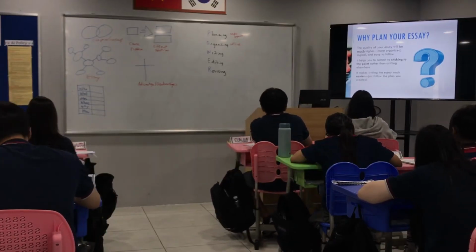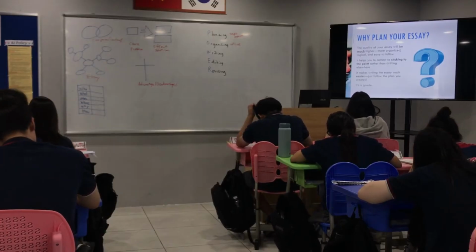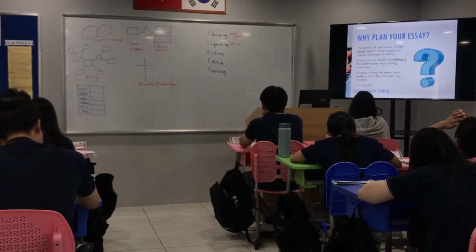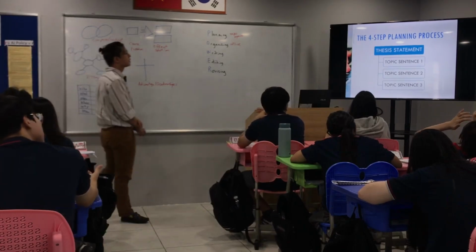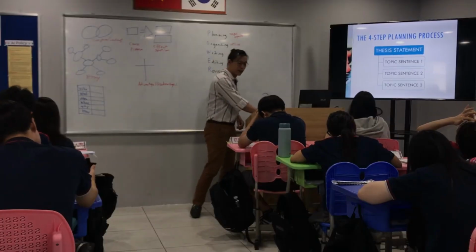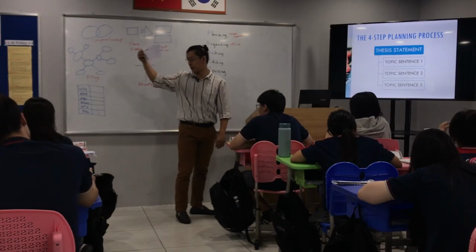All right, next. Of course, it's graded, because you will be doing an essay. So there's 4 easy steps to this. First is the thesis statement with the topic sentences. So there's a reason why I gave you this slip of paper.